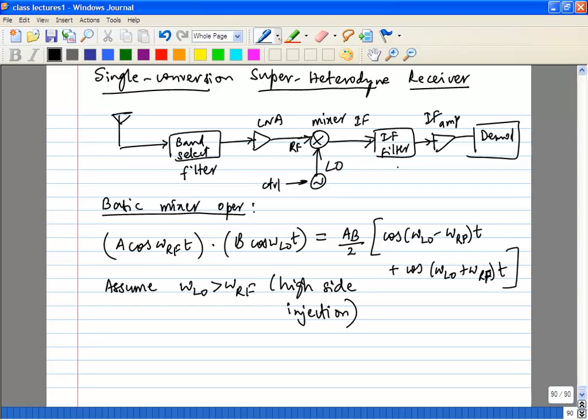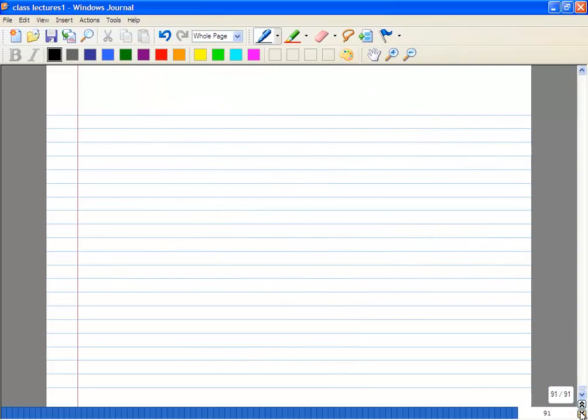If omega LO was less than omega RF, it would be low side injection. For now we'll go on assuming omega LO is greater than omega RF.